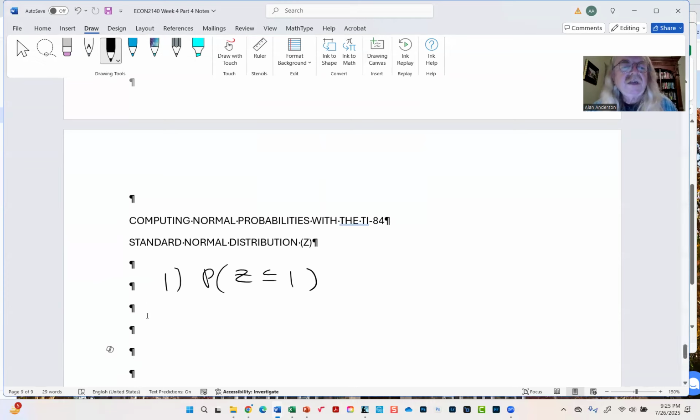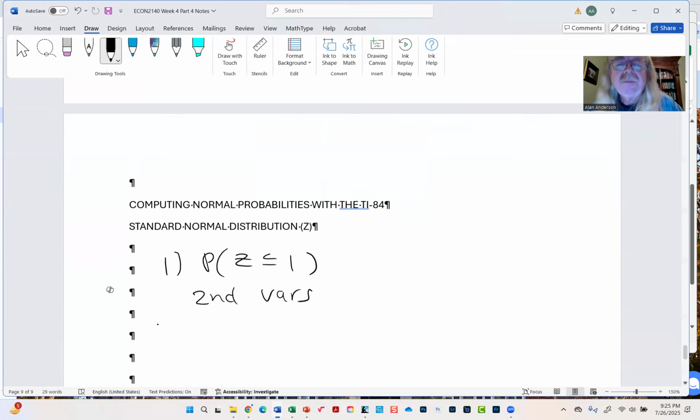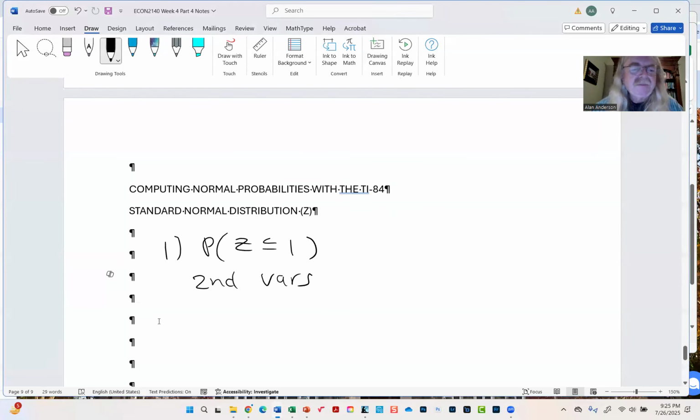Okay, so you go to the calculator and you start with second vars. Now, remember, this is how we got started looking for the Poisson and the binomial distributions. Except now you might be surprised this time that you're going to pick normal CDF.